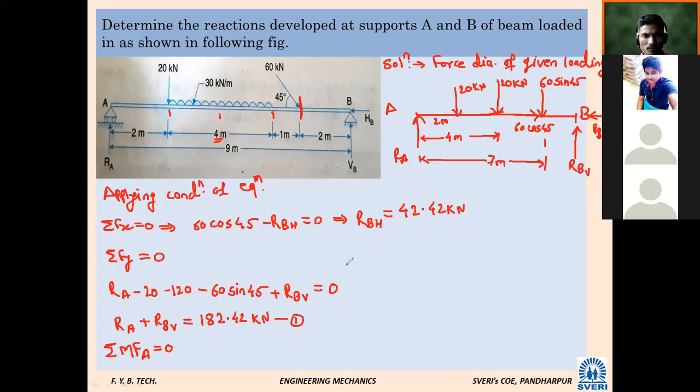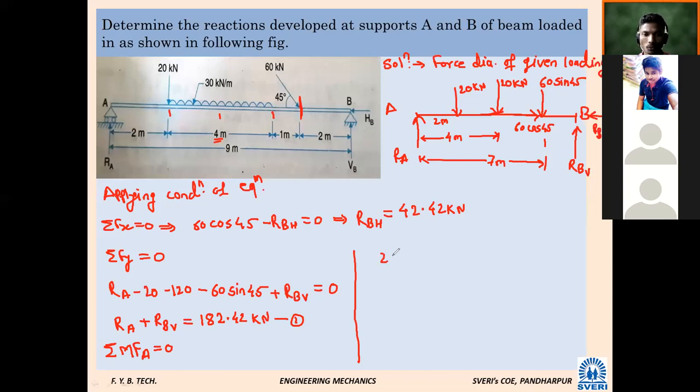RBV. Let us see now. Who will tell the equation at this point? Moment due to RA will be 0 because it is passing through point A. What about 20 kilonewton, clockwise or anti-clockwise?